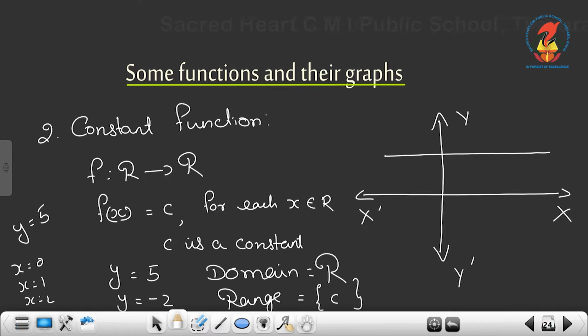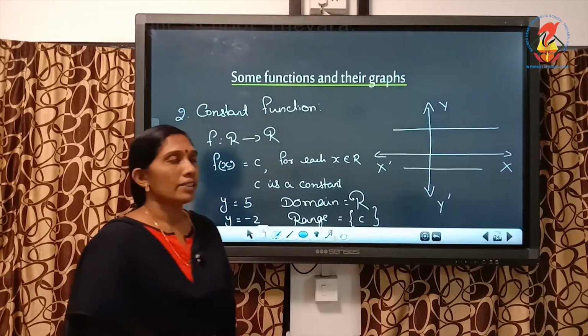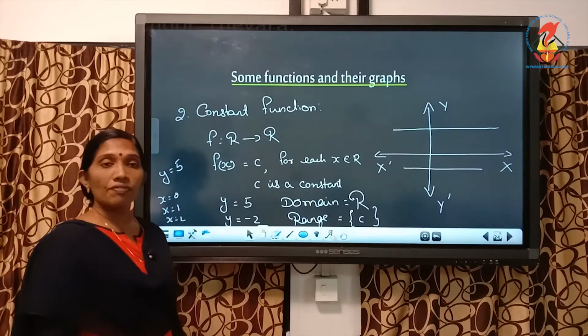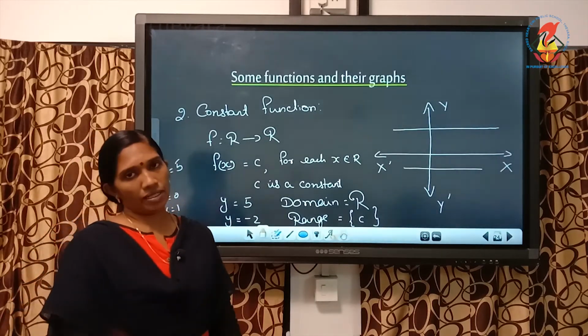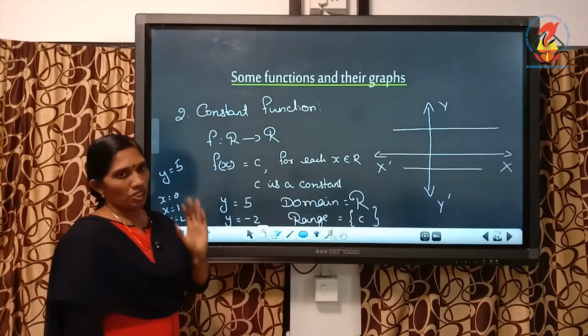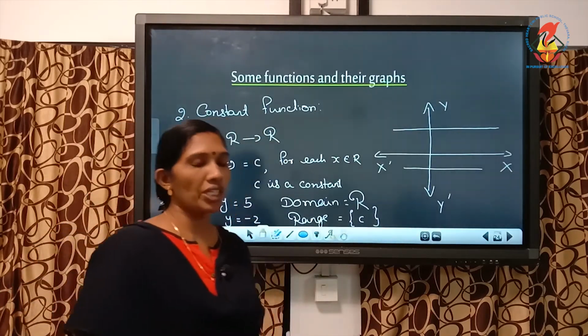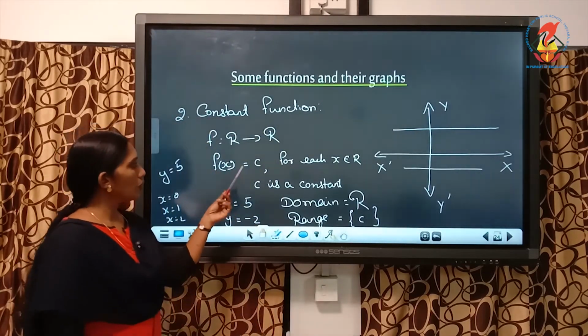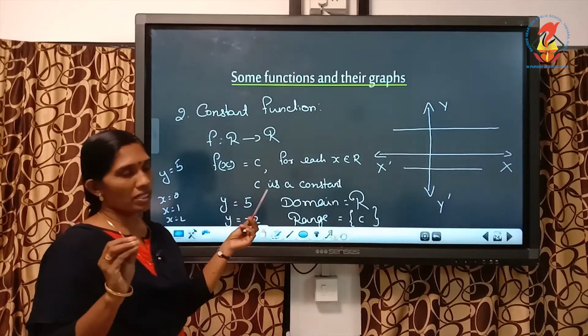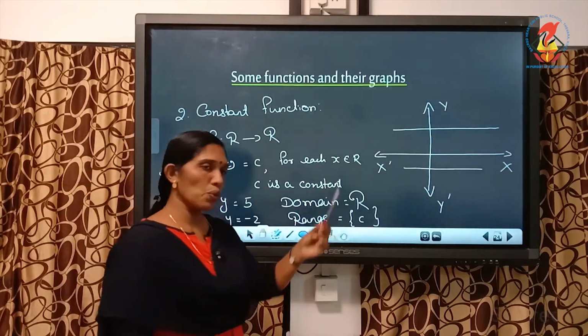If y is equal to minus 2, it's a line that is also parallel to x axis. So generally you can say the constant function, its graph is parallel to x axis. So what is a constant function? A function f from R to R is said to be a constant function if f of x is equal to c, where c is a constant, for each x belongs to R.